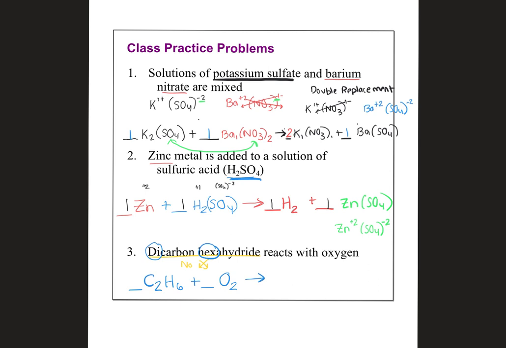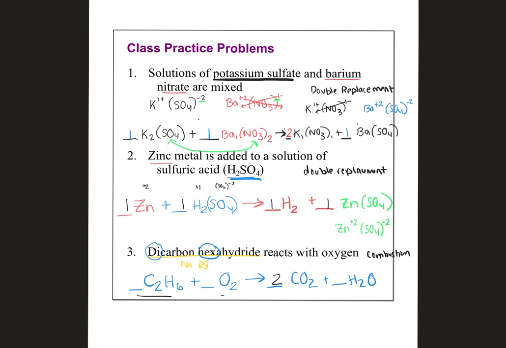And so here's what I see. Oh, sorry, this one was double replacement. I see a hydrocarbon reacting with O2 gas. That must be a combustion. The products for combustion are always going to be CO2 plus H2O.